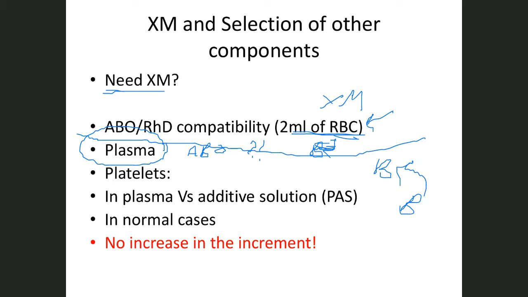Is it okay? So if the patient is A, what type of plasma can I give him?